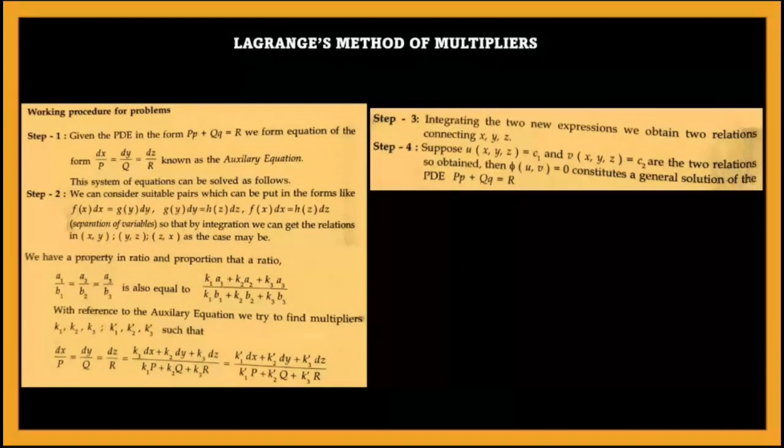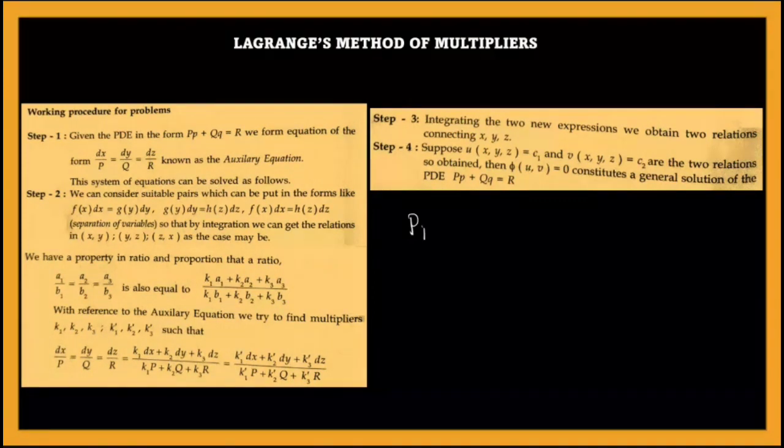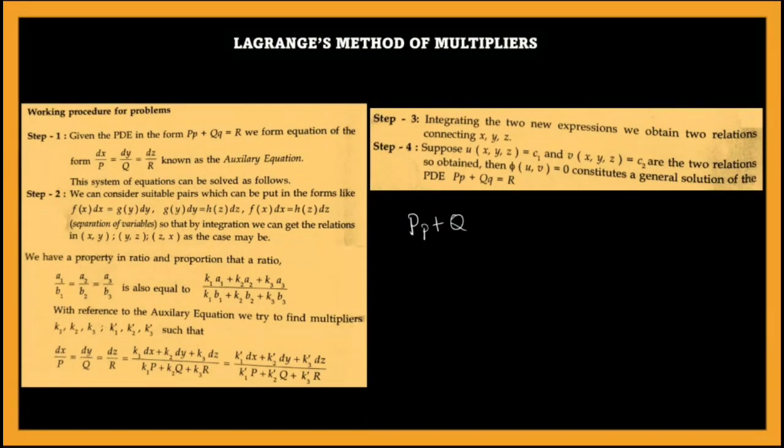Lagrange method of multipliers. Okay. So let us have a standard form which is of the form capital P of small p plus capital Q of small q is equal to R, where P, Q, R are functions of x, y, z.